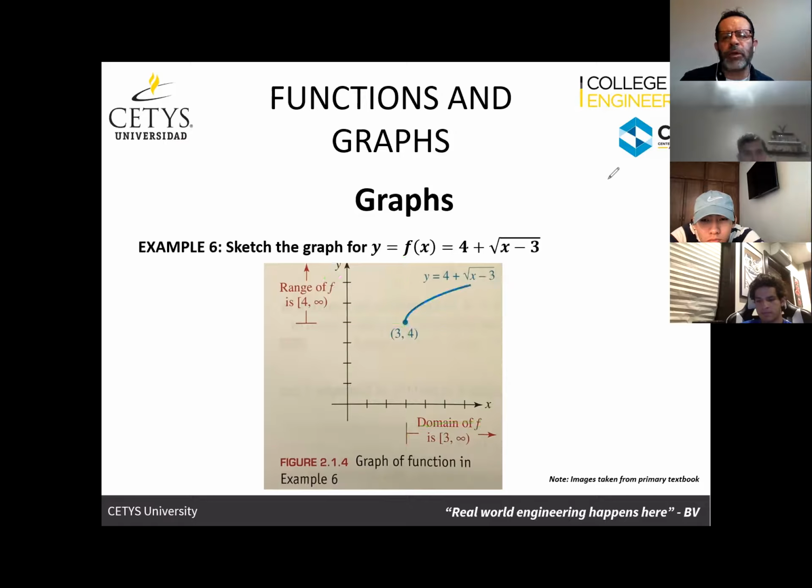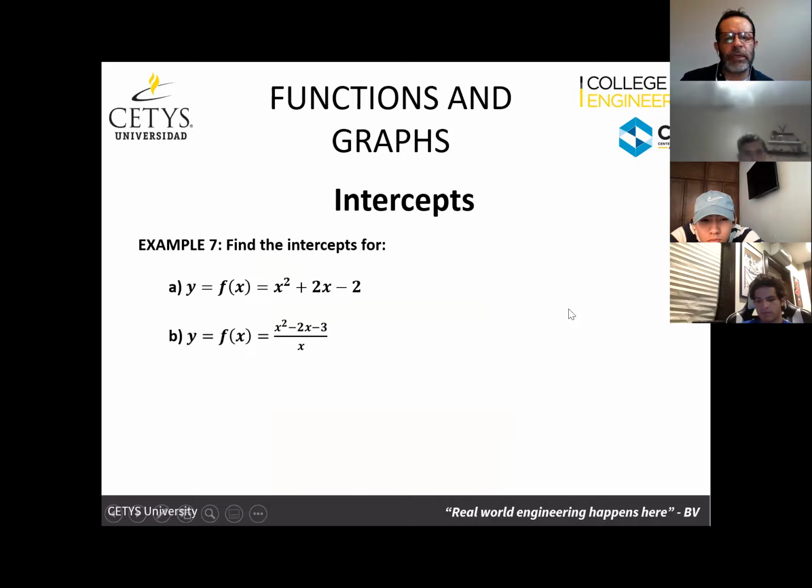What we're going to do now is that we're going to practice before we leave. We're going to practice finding the intercepts. Okay. And so let's look at these two functions here. We're going to find the Y and the X intercepts.